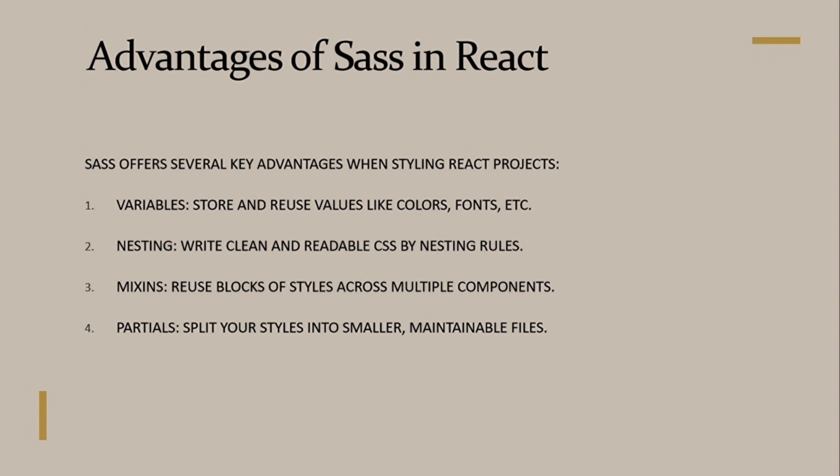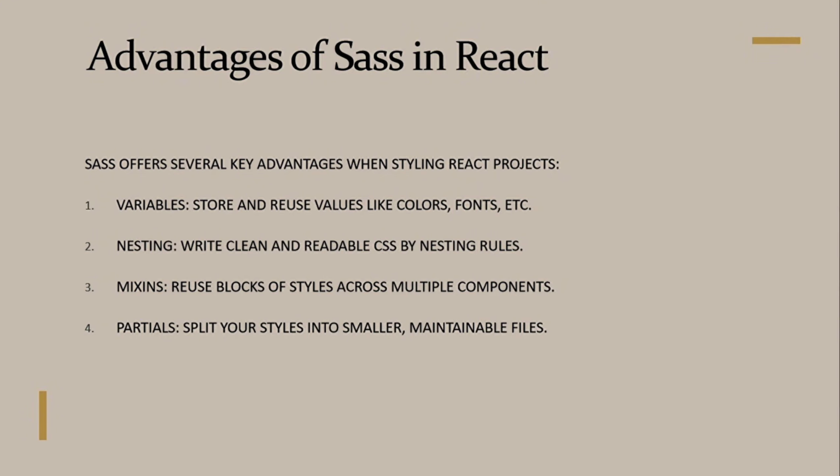Next, we talk about the advantages of Sass in React. Using Sass in React offers many advantages, especially for larger projects. First, variables. Variables help store values like color and font, making it easier to manage and reuse them across components. Nesting.